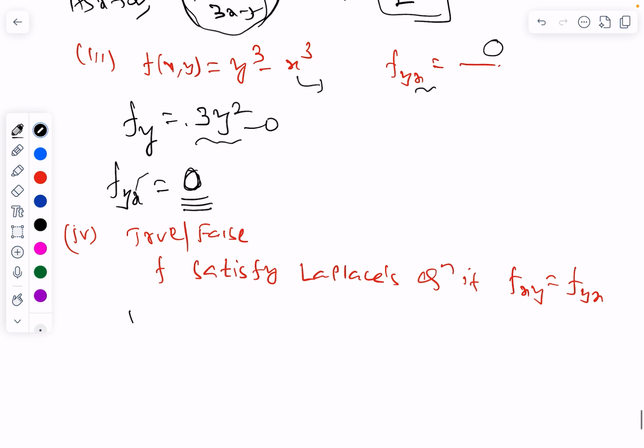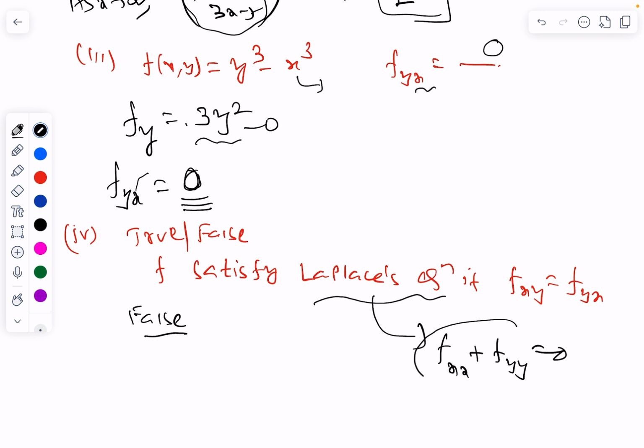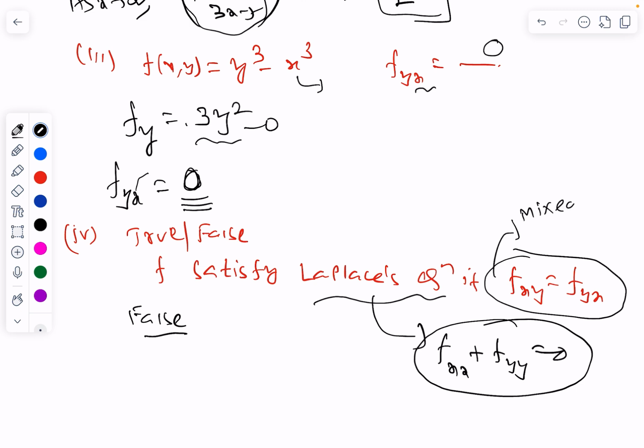This is not correct. This is false, because we know that Laplace's equation is fxx plus fyy equal to 0. This is not Laplace's equation. This is the mixed order derivative, or you can say Clairaut's equation. So this is false.